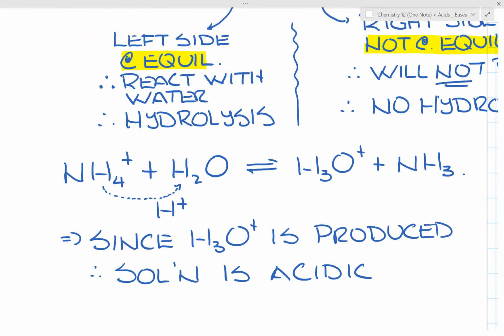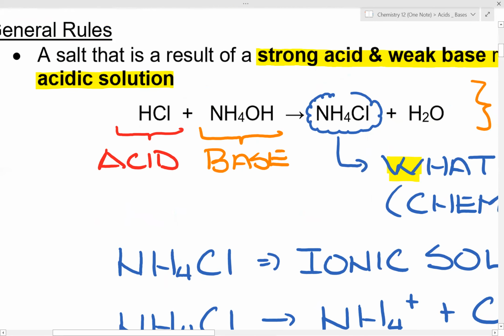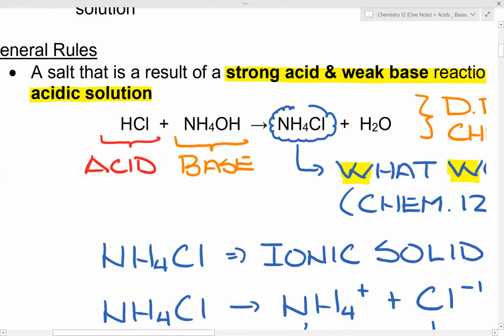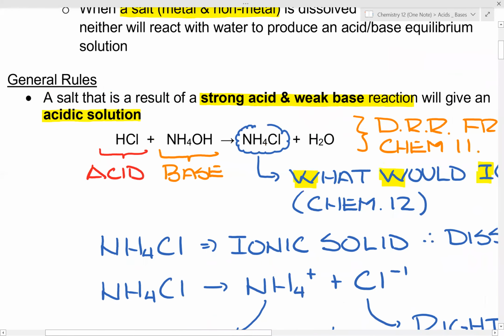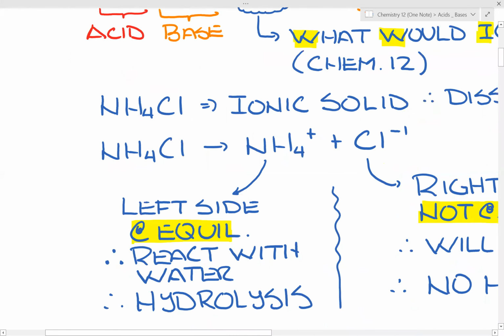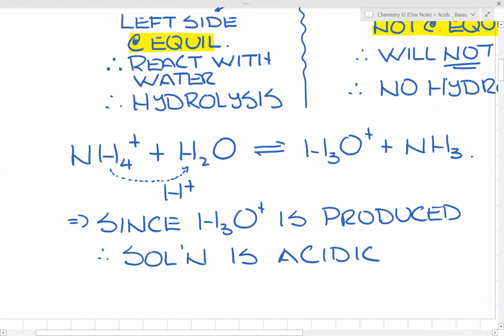Same idea here. In an acid-base reaction, the hydrochloric acid neutralizes the ammonium hydroxide base. We're done. Now we have to take a look at the ions that are produced in the solution and what they would do. That's why you would get an acidic solution overall.